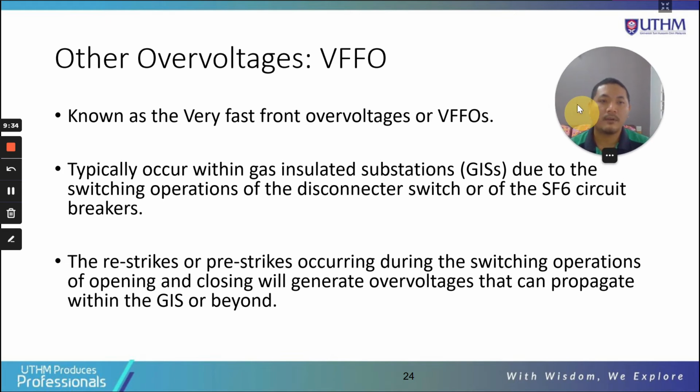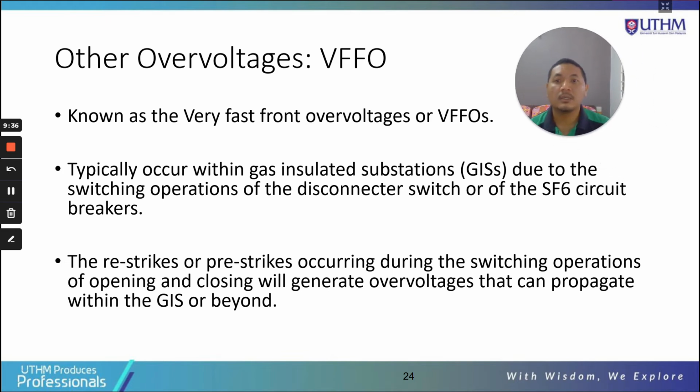very fast front overvoltages, typically occur within gas insulated substation, GIS, due to the switching operations of the disconnector switch or of the SF6 circuit breaker. So of course, as we discussed before, switching on and off of the breaker can cause switching overvoltages.